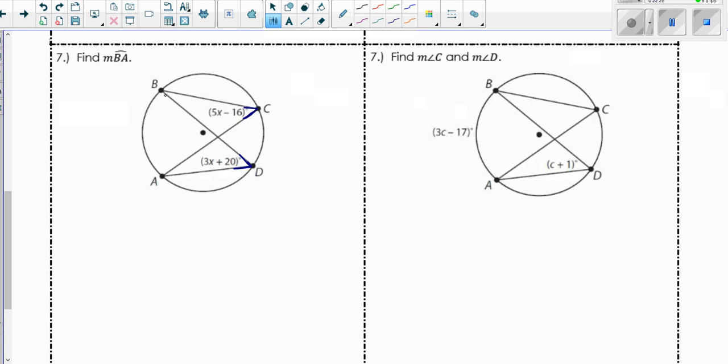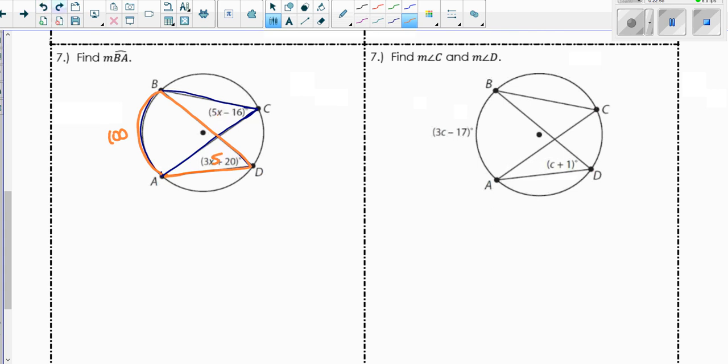Notice that this inscribed angle, if I draw it out, tracing it always helps with your pencil, opens up to this arc. And if I look at this angle, that's 3x plus 20, notice that it opens up to arc BA. So if they open up to the exact same arc, so think about this, if this was 100 degrees, let's say, then this would have to be 50, and so would this, which means that those two angles have to be congruent to one another.